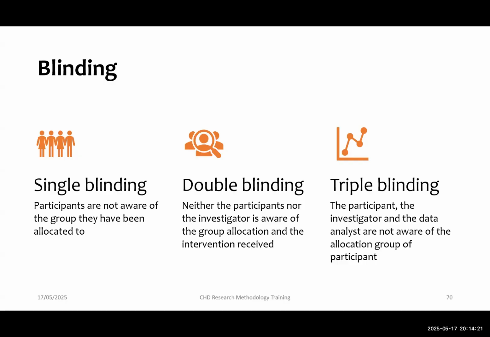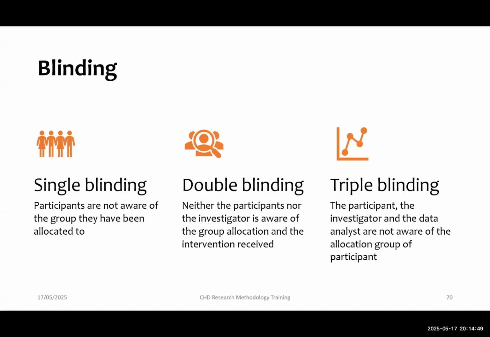You can have single, double, or triple blinding. In single blinding, the participants themselves don't know which group they belong to. They don't know whether they are taking the new drug or the old one, and so that corrects the participant bias. Double blinding corrects the observer bias. In double blinding, the investigator does not know which group the people belong to.